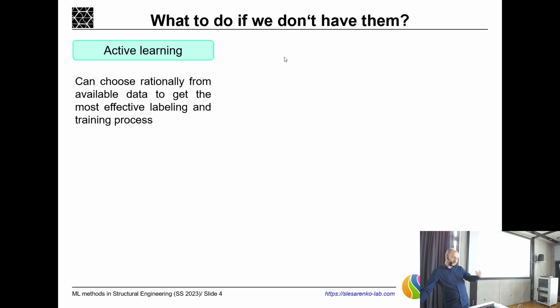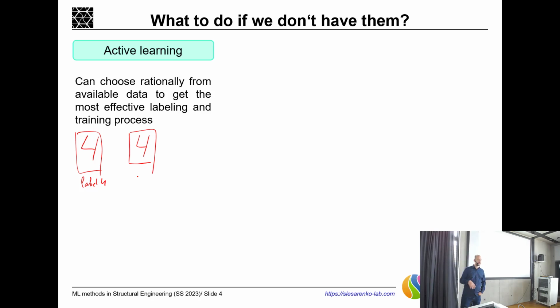For instance, if you have an image of, I don't know, the number 4 that looks like that, and in your dataset you already have it labeled as 4, and then you have another image that's very, very similar, almost no difference, it would be quite honestly stupid to hire someone or ask someone to label this one as well.